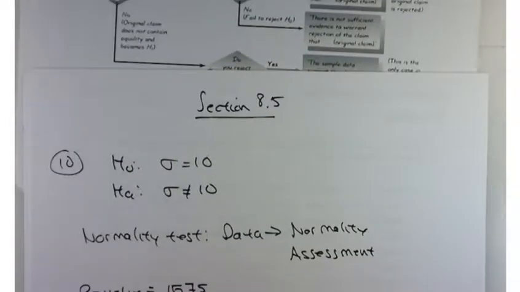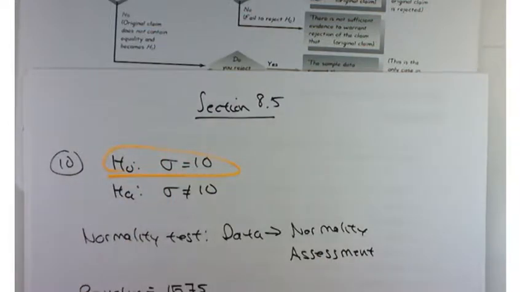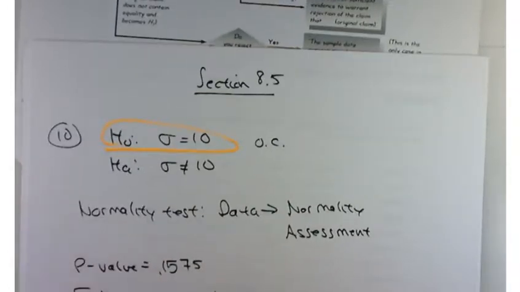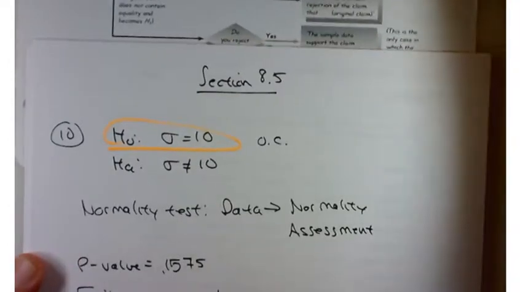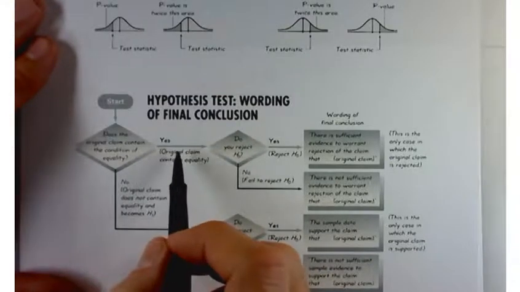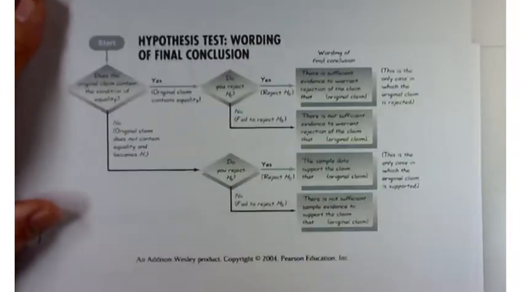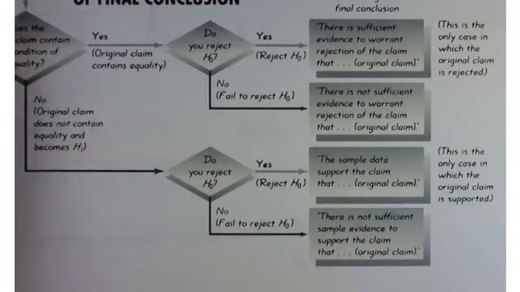So one of the things that's probably helpful for you to do, when you're doing these problems, is write down what the original claim is. The original claim here was that sigma is equal to 10 for the standard deviation. So that original claim contains the possibility of equality. So we're here. Did you reject? No. So we're down to here. There is not sufficient evidence to warrant rejection of the claim that the standard deviation of pulse rates of women is 10.